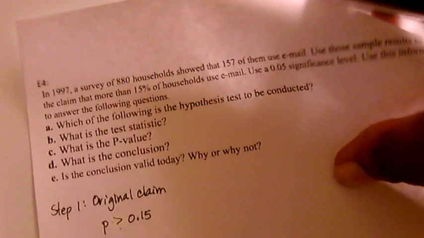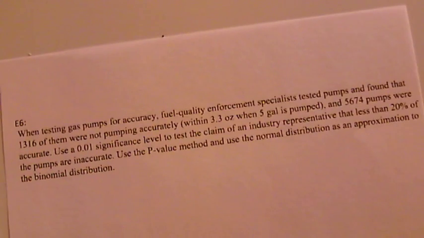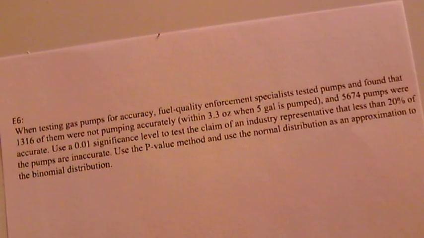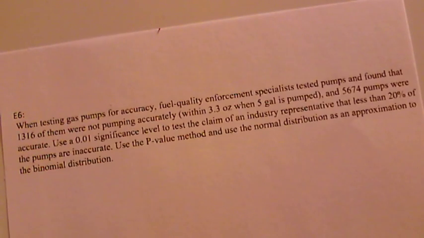Okay, got one more example, one final example, and that's this one. When testing gas pumps for accuracy, field quality enforcement specialists test pumps and found that 1,316 of them were not pumping accurately within 3.3 ounces when 5 gallons are pumped, and 5,674 pumps were accurate.